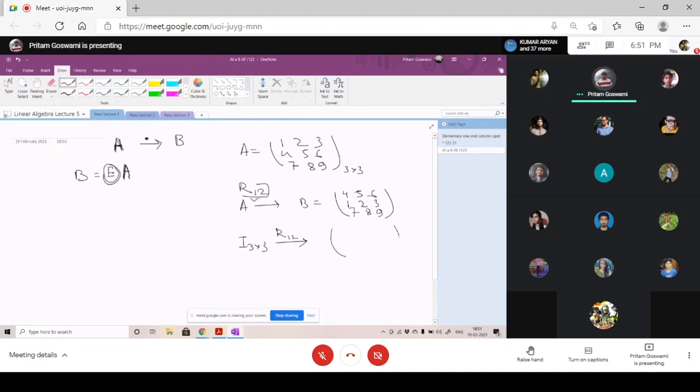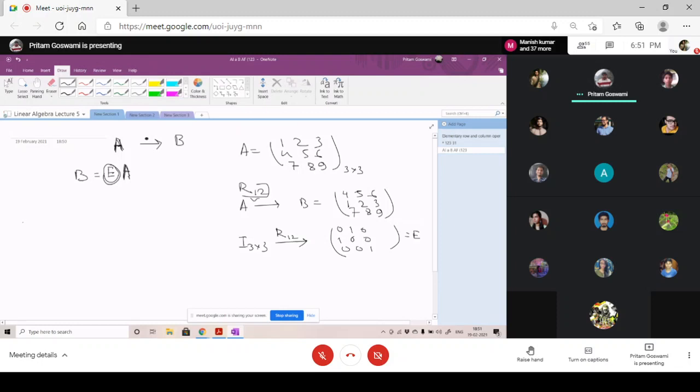What will it become? 0, 1, 0, then 1, 0, 0, 0, 0, 1. This is E basically.